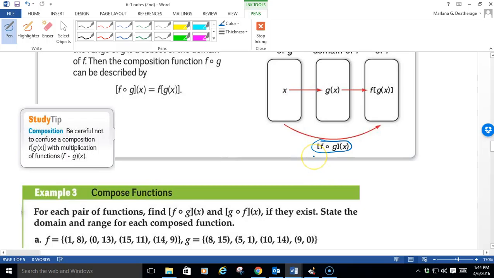It could be h of x, j of x. But it looks like f circle g when it's f of g of x. Okay? Now don't get that little symbol mixed up with the multiplying. That's an open circle. It's not colored in. Okay, multiplying's usually not quite that large, and it looks like this. It's a solid circle. All right, so don't get them mixed up.